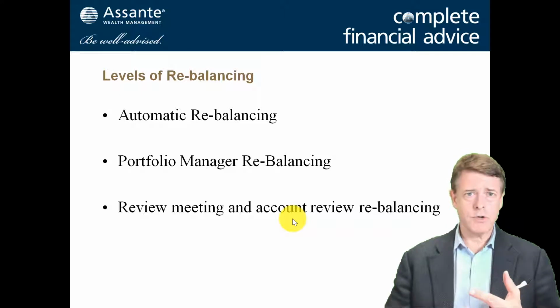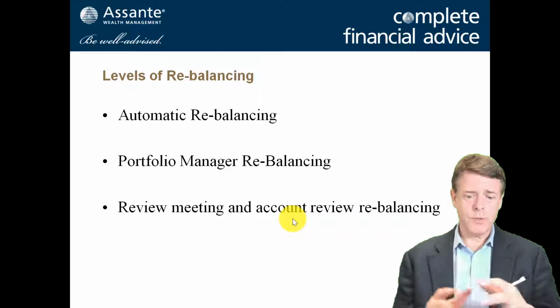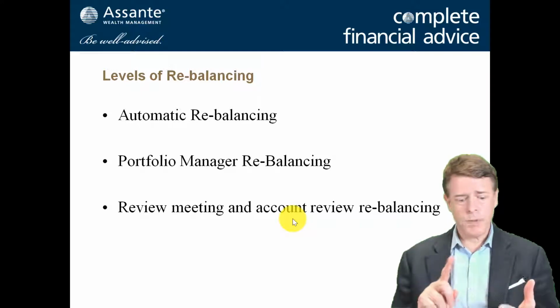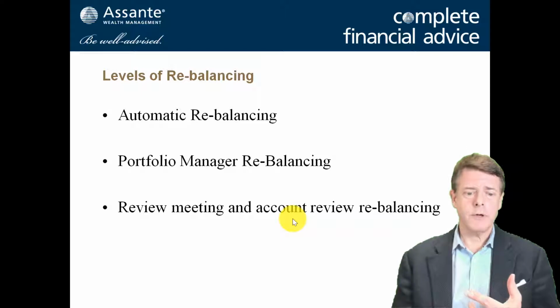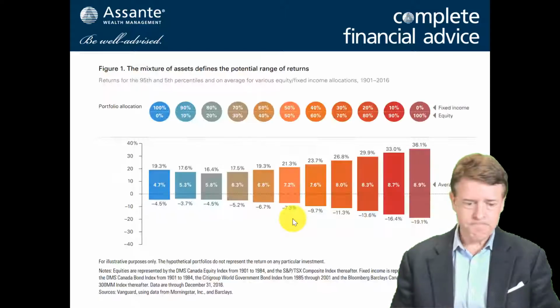Are we tracking in the right direction? Do we harvest any profits? Do we allocate money from one area to another because we think there's a bit of an opportunity? These three levels of rebalancing help make sure that we're pruning the garden, pulling the weeds, harvesting the profits, always making sure that the portfolio is tracking in the right direction.